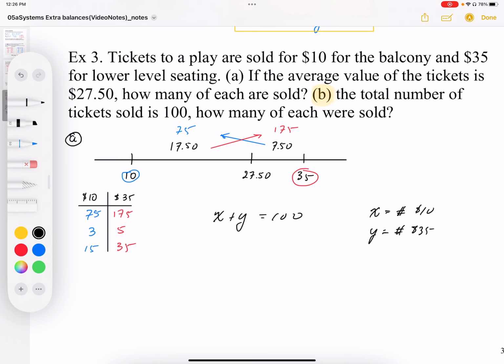And to get the value of this, we can just say that the $10 tickets times x plus the $35 tickets times y is equal to the average value times all the tickets, which is x plus y. And then we have a system of equations.